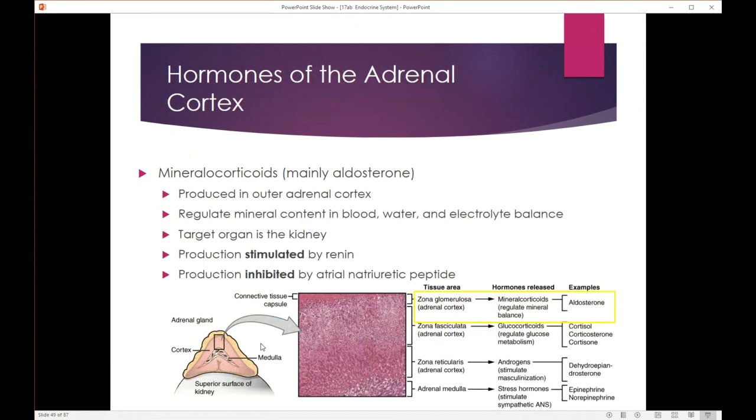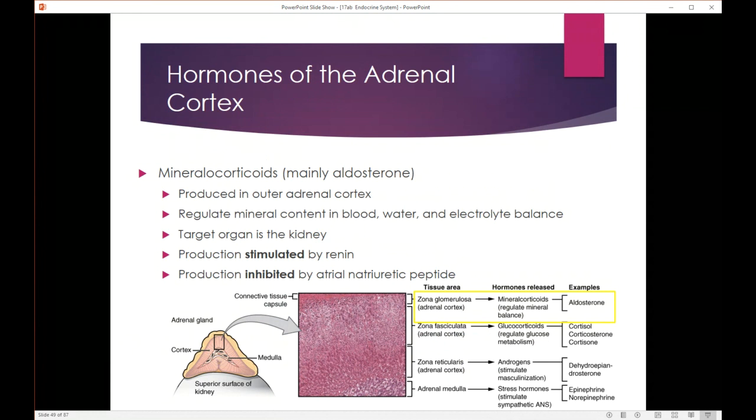So we have these mineralocorticoids. And mineralocorticoids, the most common one that we talk about here is aldosterone. And these are produced in that outer adrenal cortex within the zona glomerulosa. Okay, and these help to regulate mineral balance. That's why they're called mineralocorticoids.